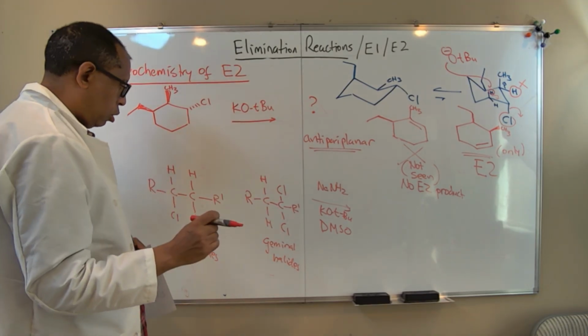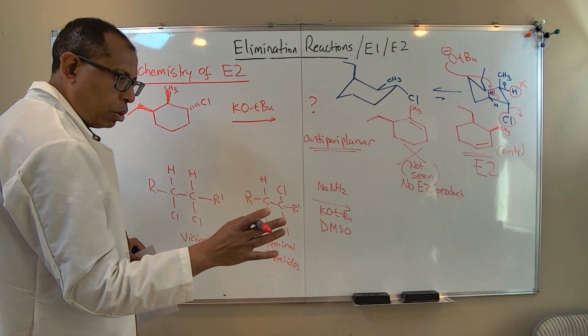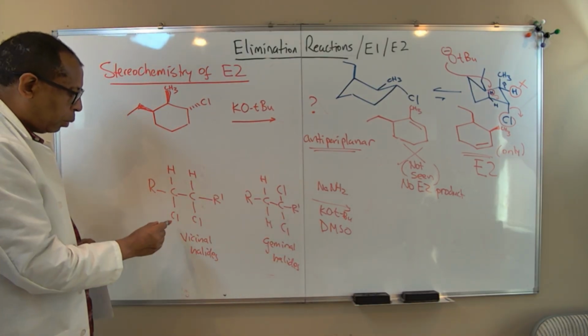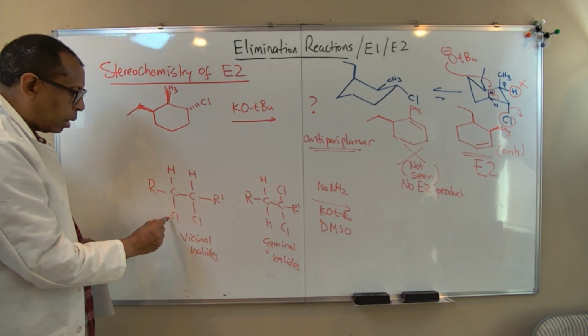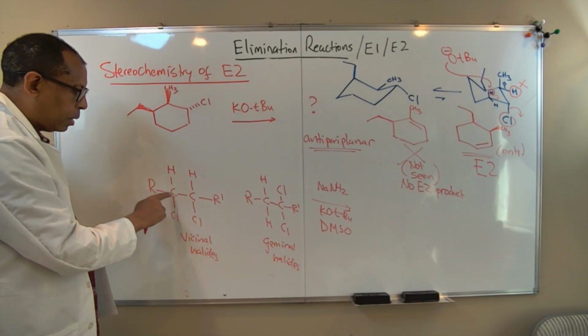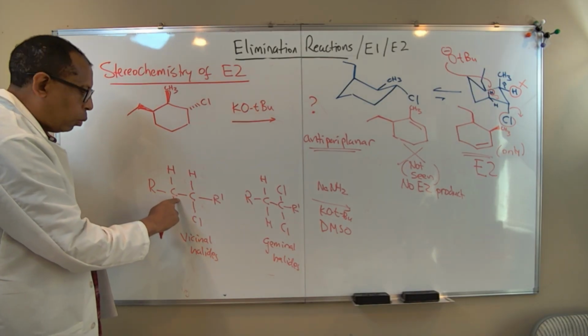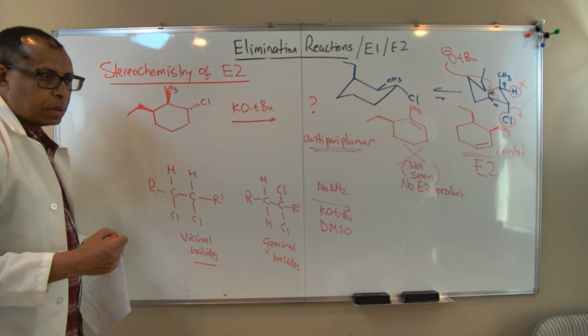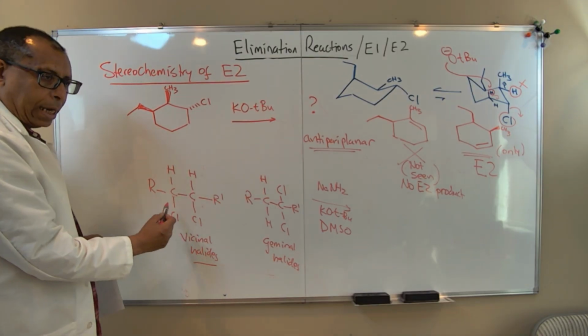But at this point, I want to show you one terminology you need to remember. When the halides are on alpha and beta, meaning the 1-2 position, they are called vicinal, or neighbors. So these are vicinal halides.